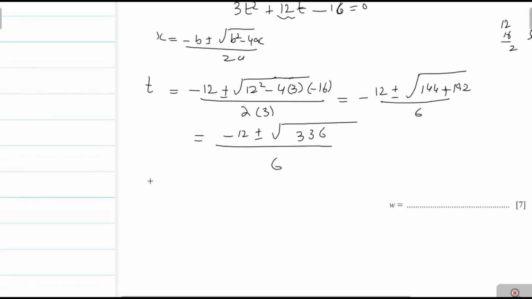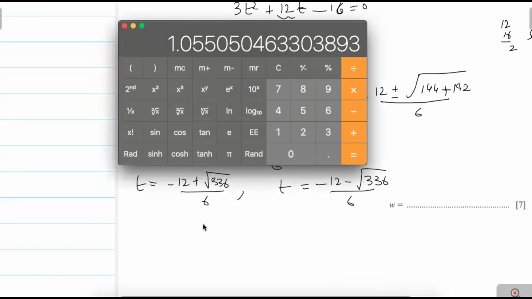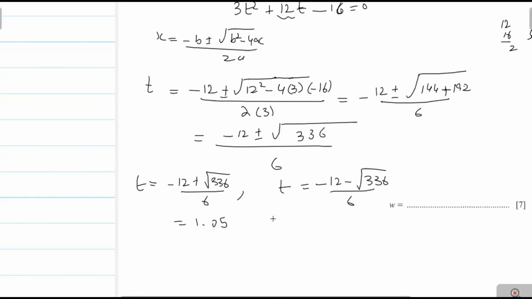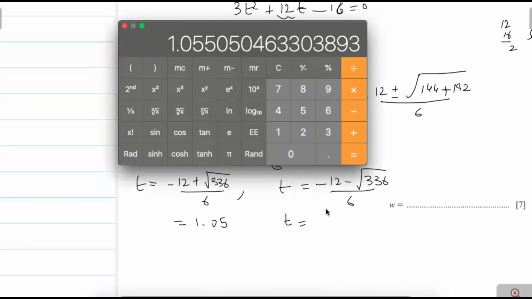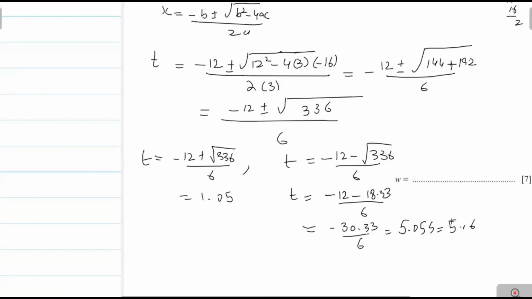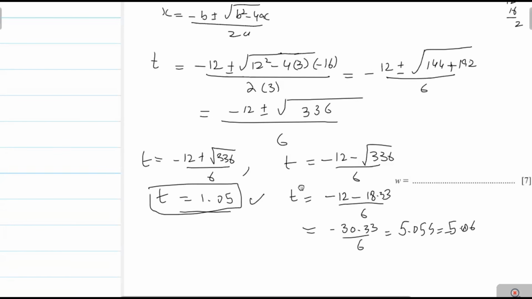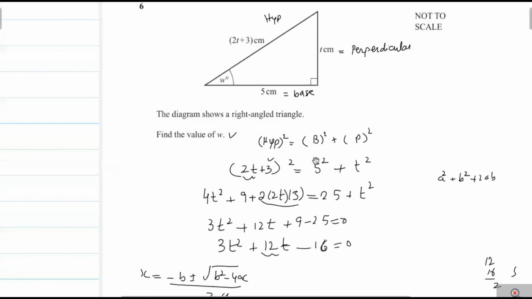Firstly, we take minus 12 plus square root of 336 over 6. Next, we take the value t equal to minus 12 minus square root of 336 over 6. This will be equal to 1.05. And next t value will be equal to minus 5.06 and 1.05. Now we take the positive value only here because these are the lengths.